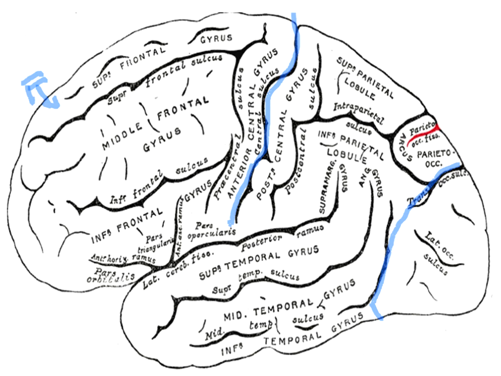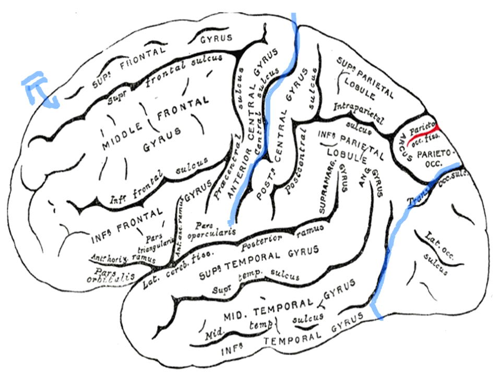You also see here that in the frontal lobe you have three gyri. You have the superior frontal gyrus. So this is the most outermost gyrus, and it extends all the way down here.